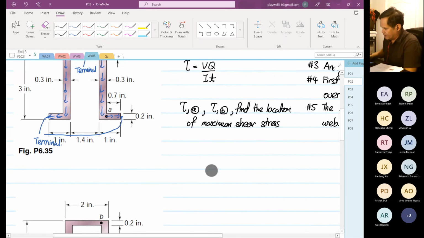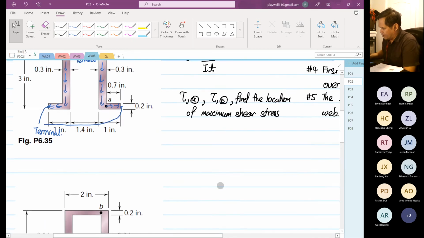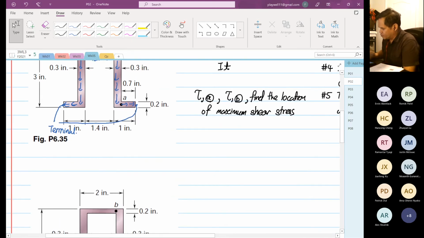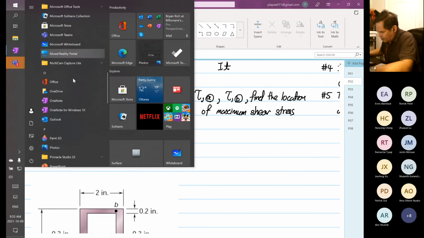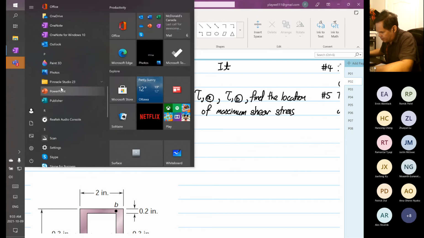Right. So now let's do the analysis. We're going to find the stresses at point B first. I need a blank. Hold on, bear with me. PowerPoint.